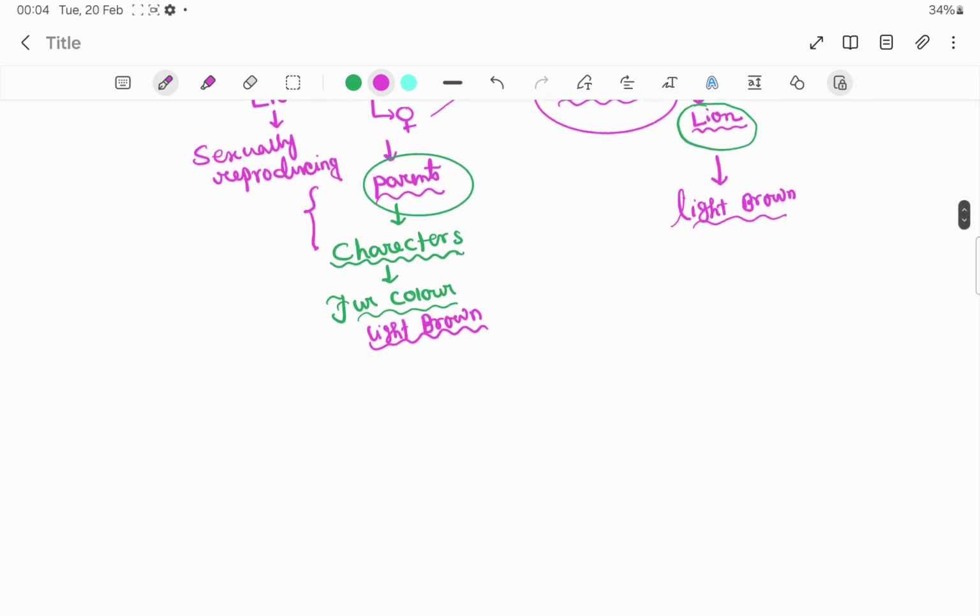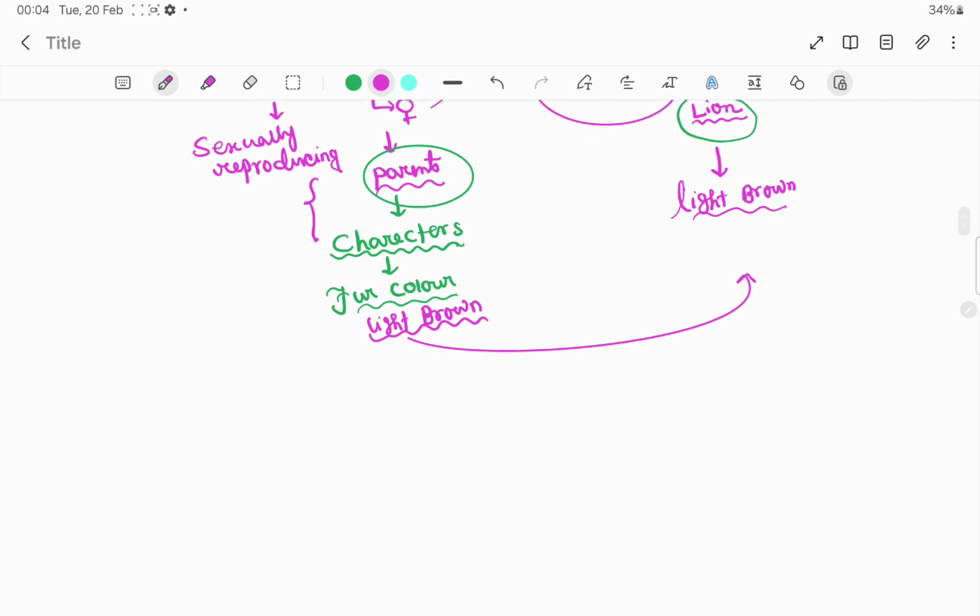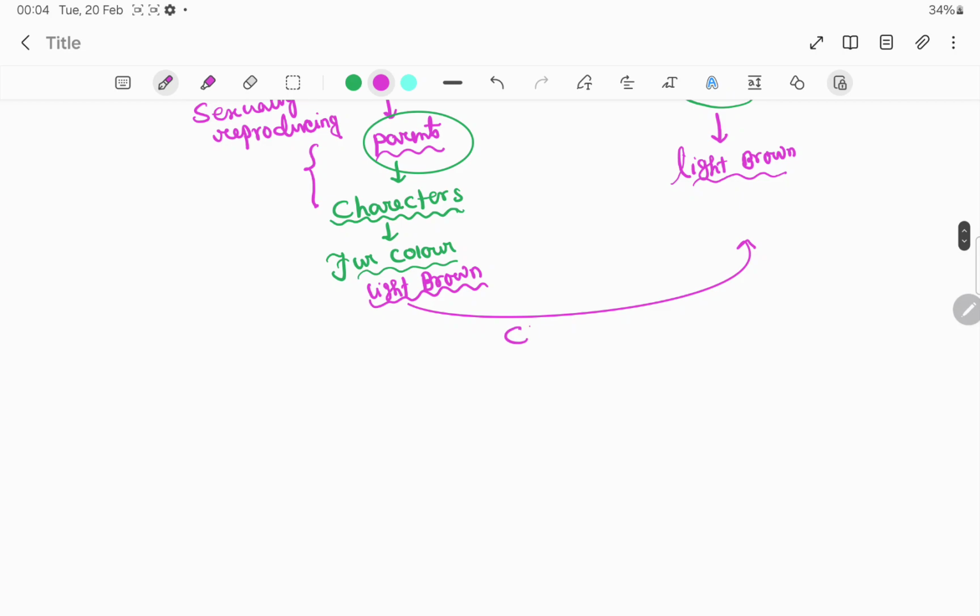That means from here we can say that from the parents something is transferred to the offspring. Now what is transferred? Characters. The characters which are present in the parents are transferred from parents to the offspring.